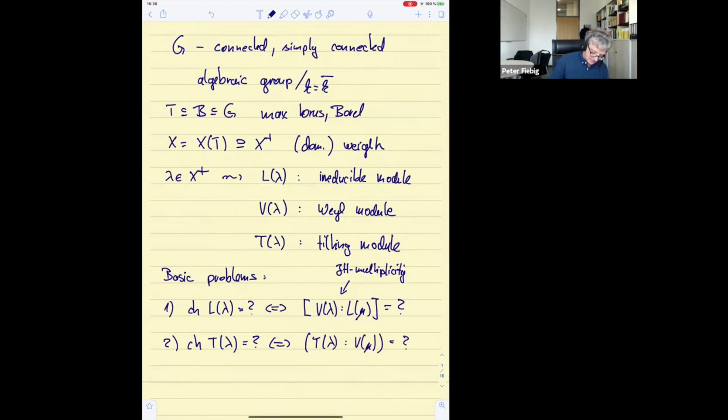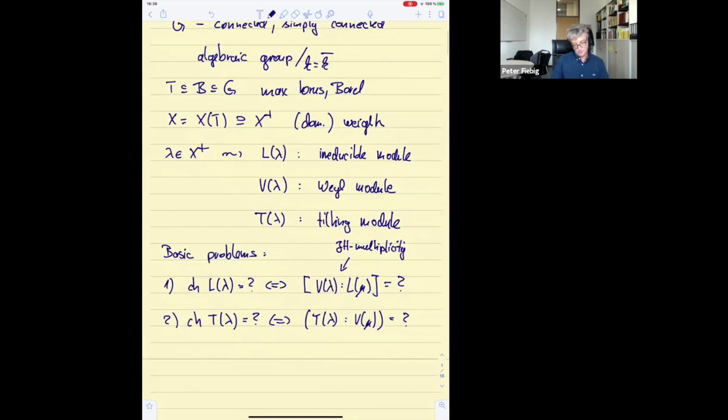So you can ask either question, and both of these questions are equivalent. And it is known that the second problem actually solves the first. So at least for p not too small, if you know the characters of the tilting modules, you know the characters of the simple modules.